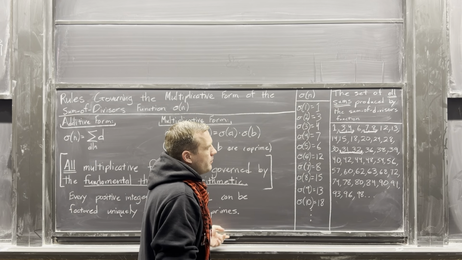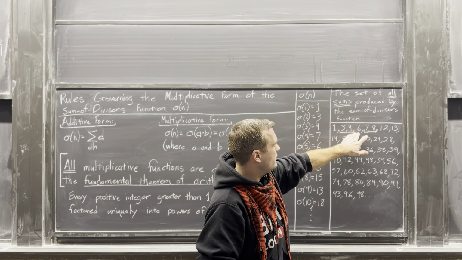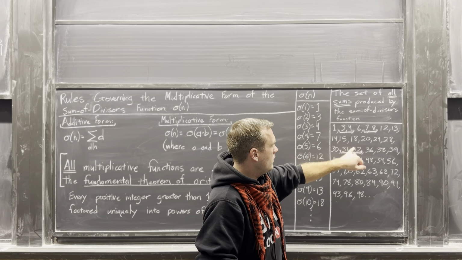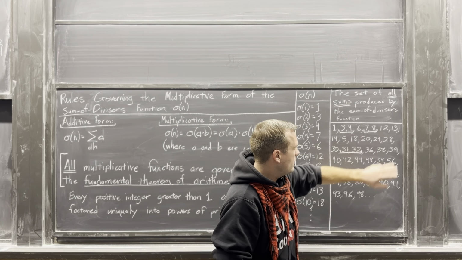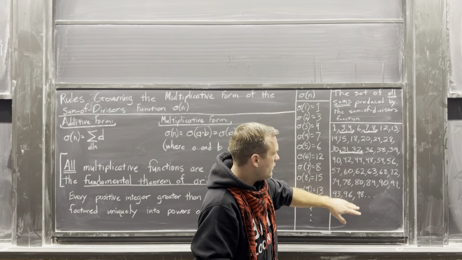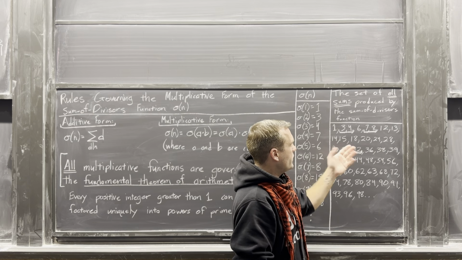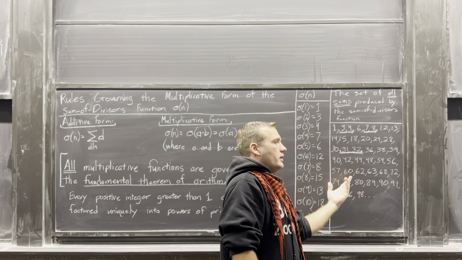Now, let's look at the number 5, right? So the next prime that's missing is 5. If you notice, 5 to the power 1 is missing, but then 5 to the power 2 is 25. Well, that's missing. 5 to the power 3 is 125, and that's missing. And if you think about it, 5 to the power of 2 is 25, minus 1 is 24.